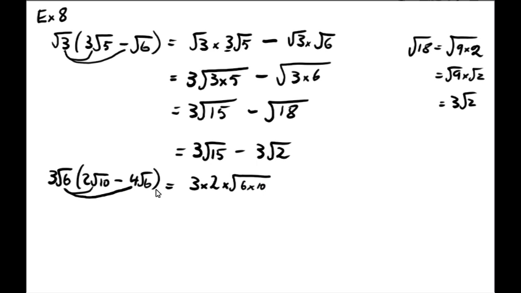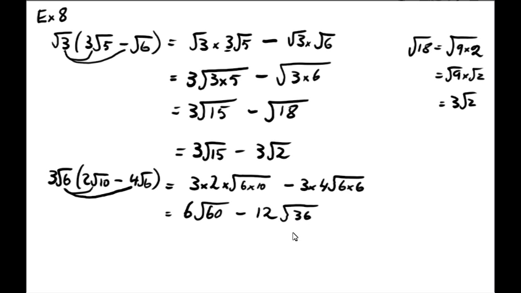And then the second, you'd have 3 times 4, and square root 6 times 6. So 3 times 2 is 6, 6 times 10, 60. 4 times 3 is 12, and you get 36.